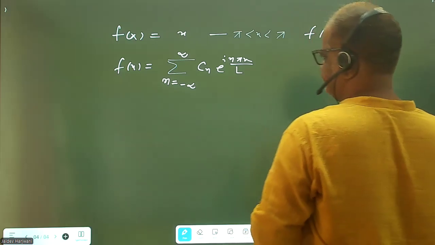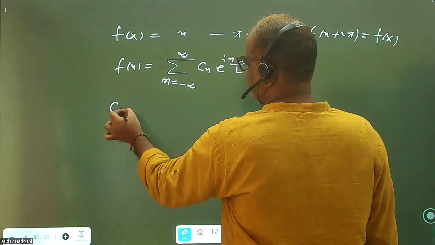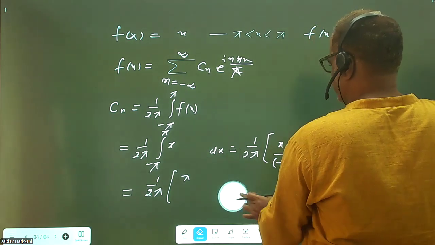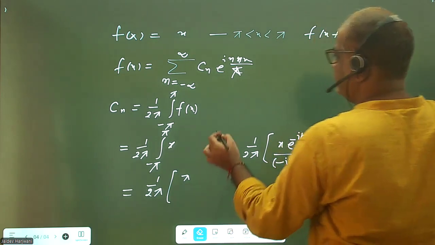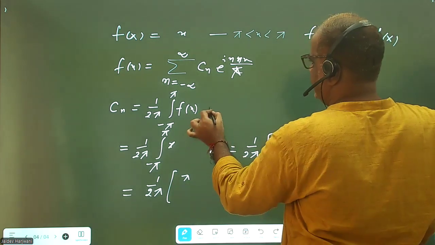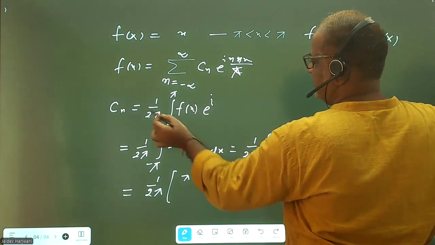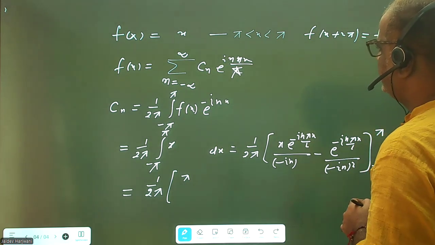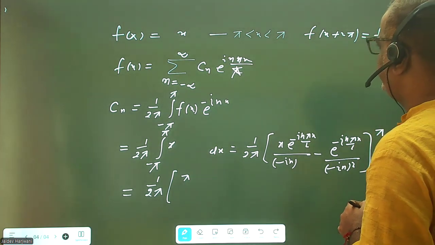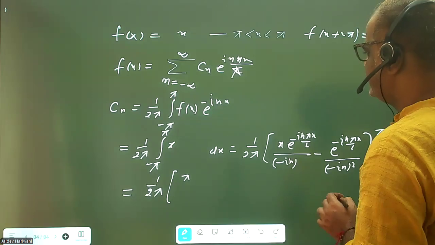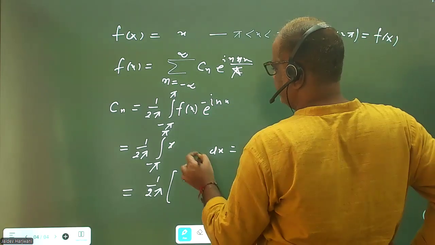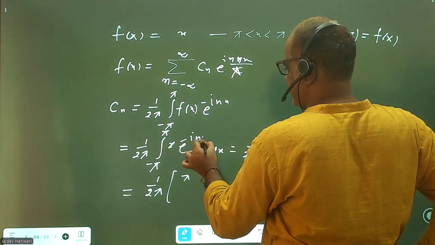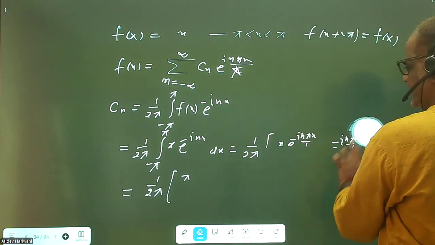Now I want to find the coefficient Cn. This function is basically e to the power minus iota n x, because pi cancels. The period is 2 pi, so this becomes simply nx. So Cn is 1 upon 2 pi, integral of x e to the power minus iota nx dx, and now we can integrate this one.